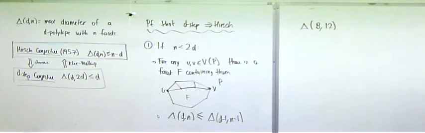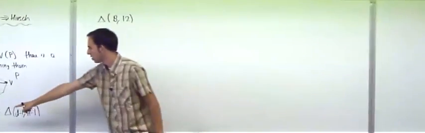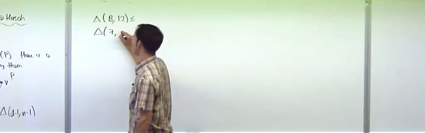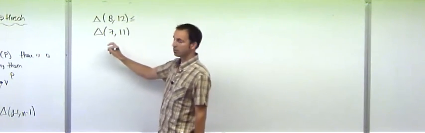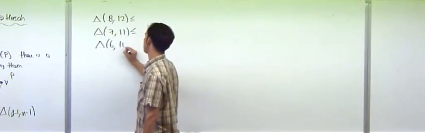Okay? Then you're just going to say, well, n is less than 2d, so applying this, I'm going to get that this is less than or equal to delta of 7, 11. N is still less than 2d, so this is less than delta of 6, 10.